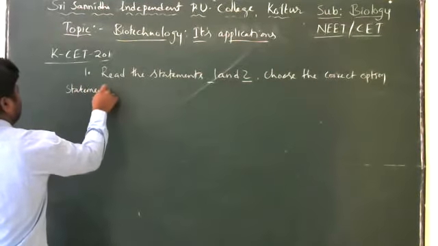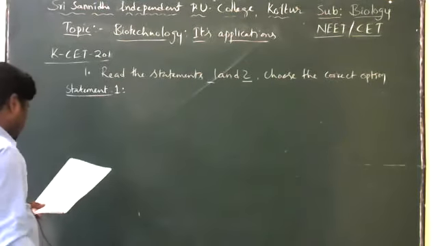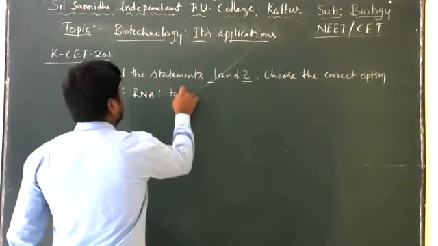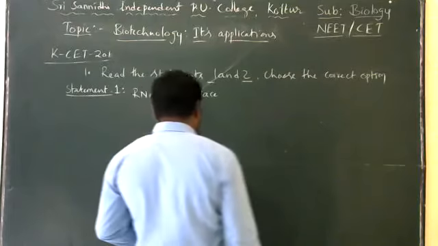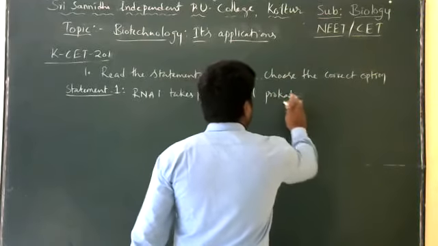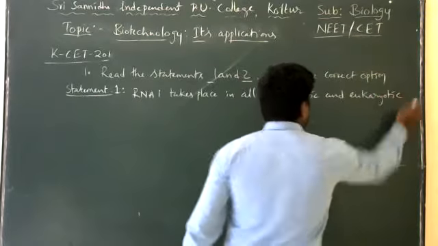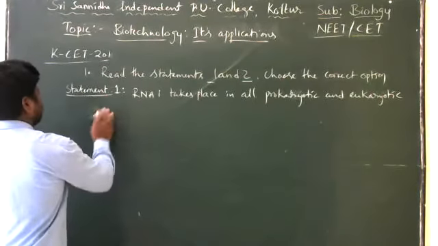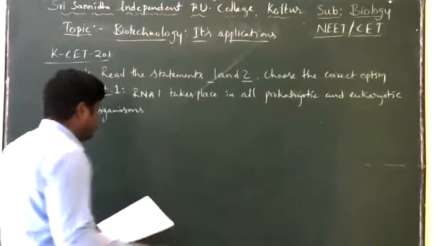Statement 1: RNA interference takes place in all prokaryotic and eukaryotic organisms as a method of cellular defense.